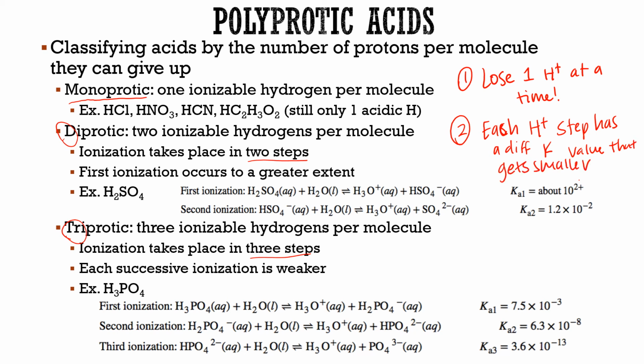So, even though H2SO4 is a strong acid, so you see here that that first hydrogen has a very large K value, the second hydrogen for HSO4 has a smaller K value. Same down here for phosphoric acid. You notice that as each hydrogen is removed, the subsequent K value gets smaller and smaller. So each step is more and more reactant favored. So you can think of it that way. Each step is more and more reactant favored.